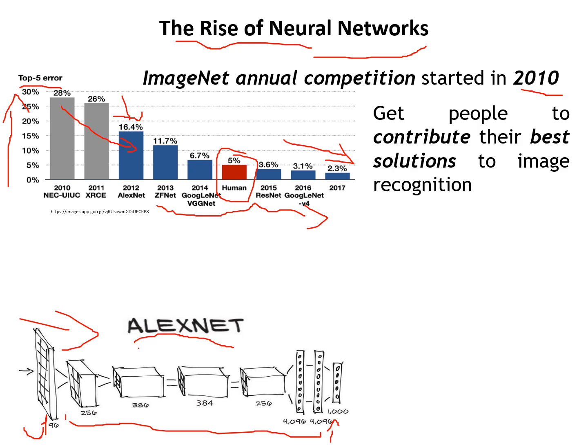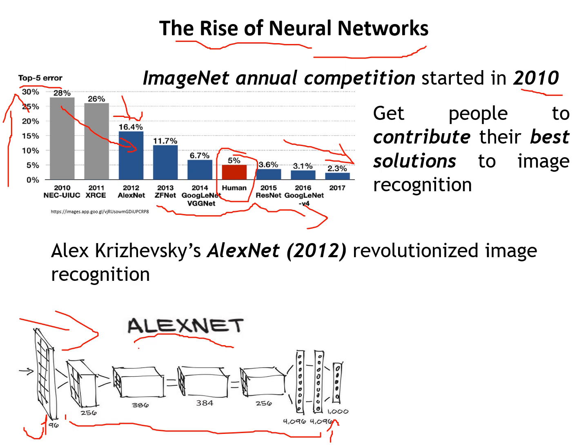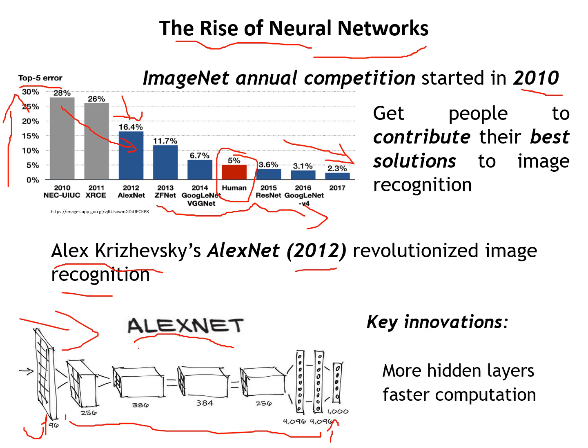There were mistakes, but when they started contributing to solving the problems, two years later, in 2012, AlexNet, created by this person, revolutionized image recognition. The key innovations were more hidden layers and faster computers.